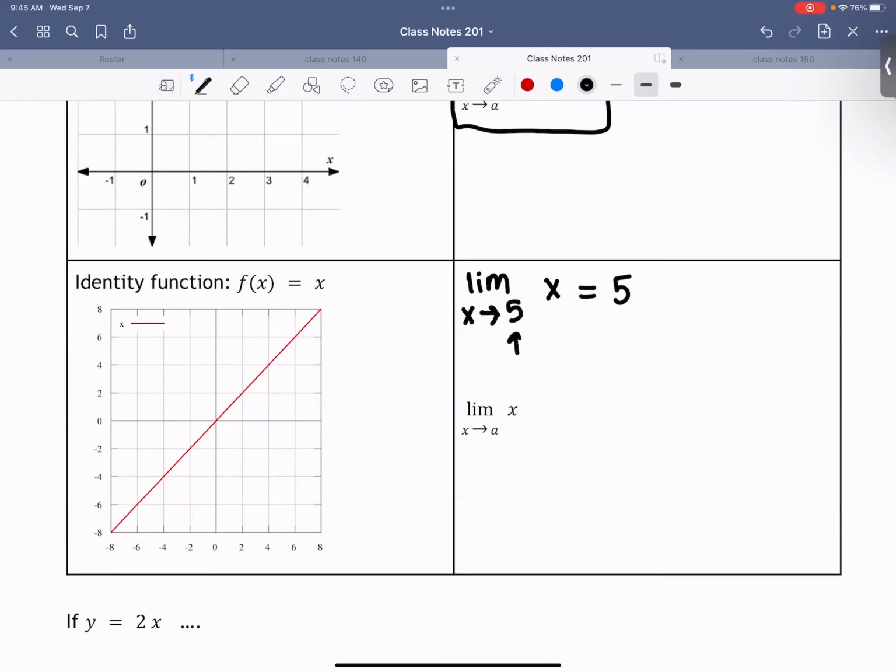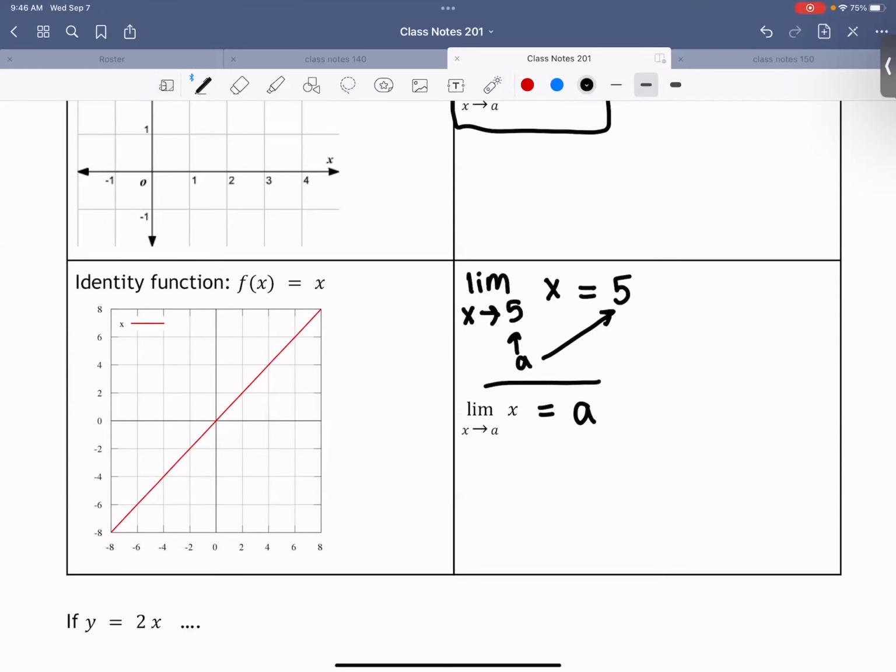So in this case, a is 5, x is our function. In general, what's the limit as x approaches a of our identity function? Not x, but a, right? It goes to whatever we're going towards. So this is actually going to be a. Essentially, we're just plugging it into the function. Does everyone see that? Good.